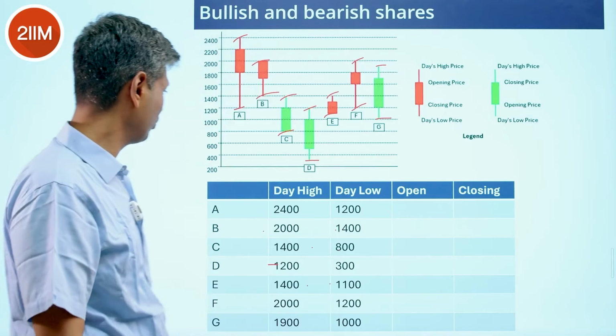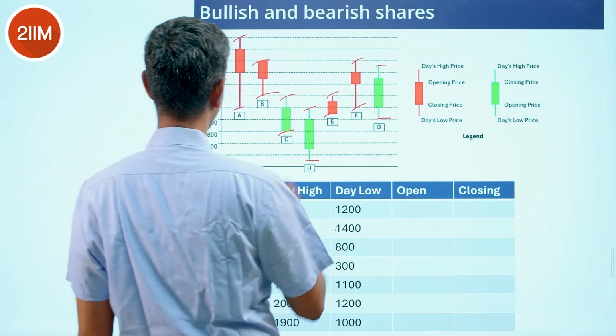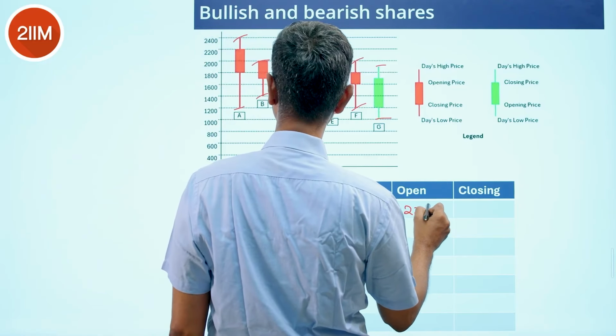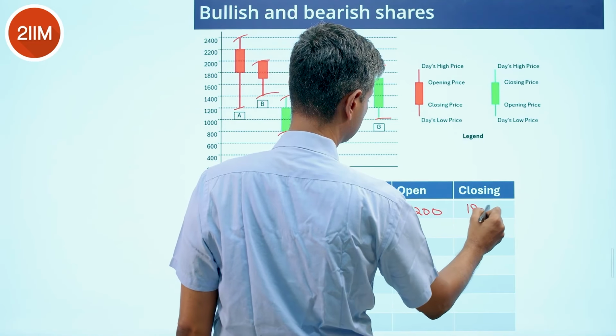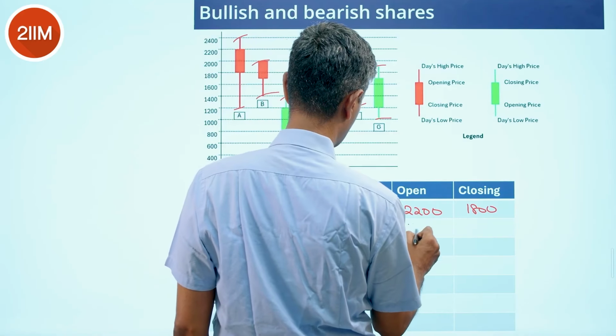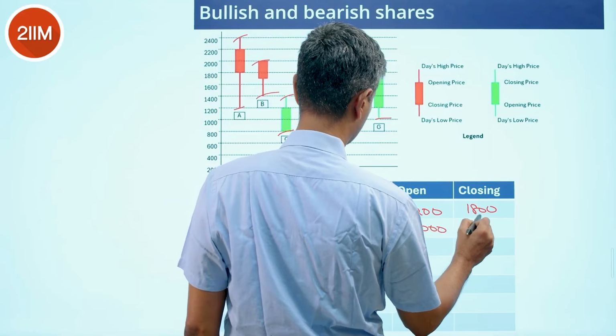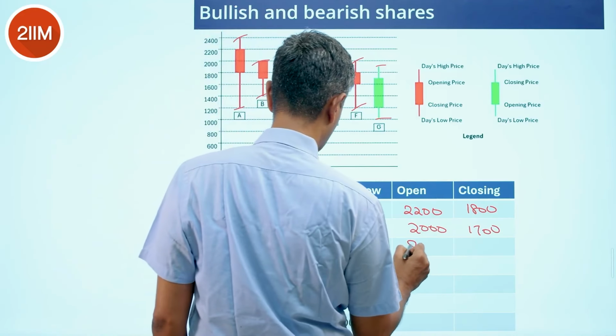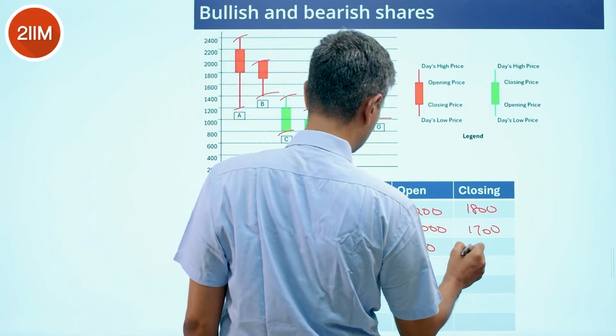Now opening and closing. For A, bearish, opening is 2200, closing is 1800. B again is bearish, starts high 2000, closes at 1700. This is bullish, starts at 800, ends at 1200.